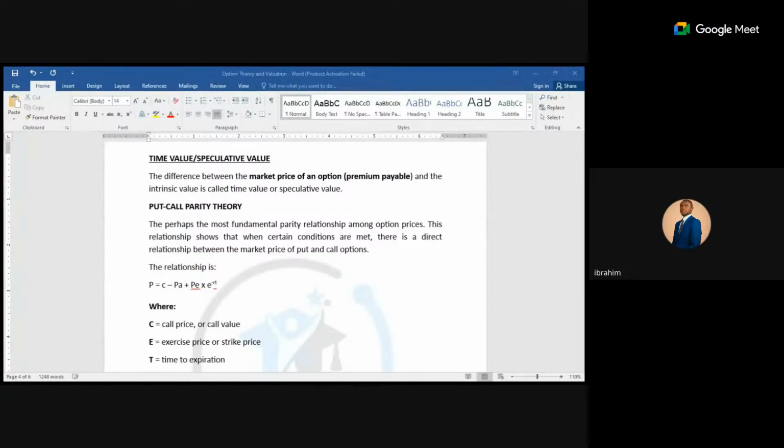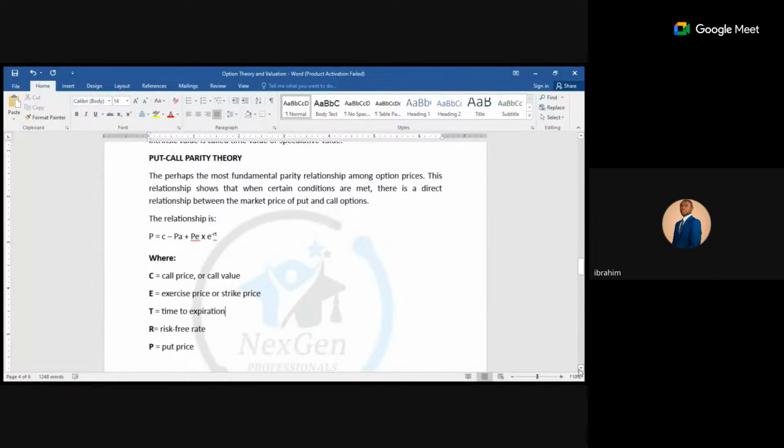So how do we determine the put option? Put-call parity: P equals C minus PA plus PE times exponential raised to the power of minus R times T. This will give us the put-call parity.